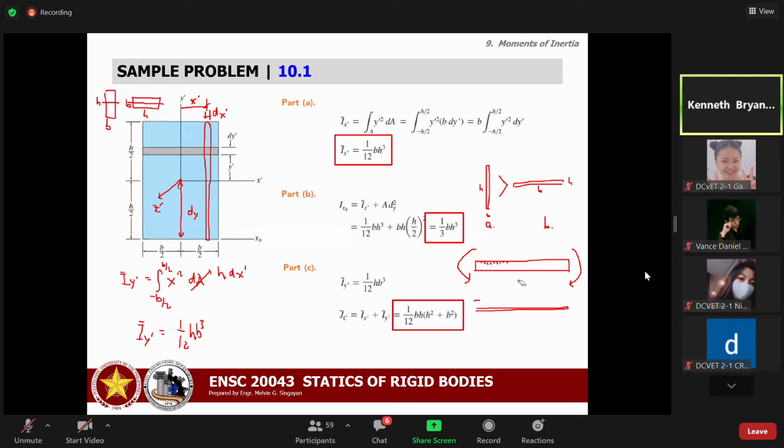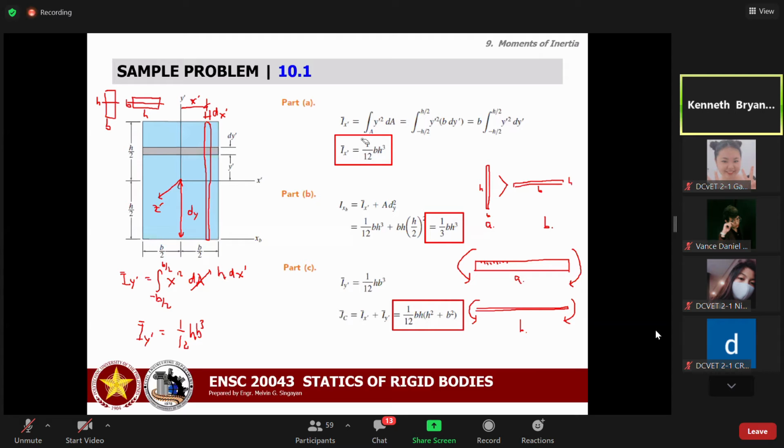So, this is A. This is B. Daling mag-bend. Yung A or yung B? A po. Madaling i-bend? B po, sir. Yung B. Diba? Mas madaling i-bend yung B. Why?